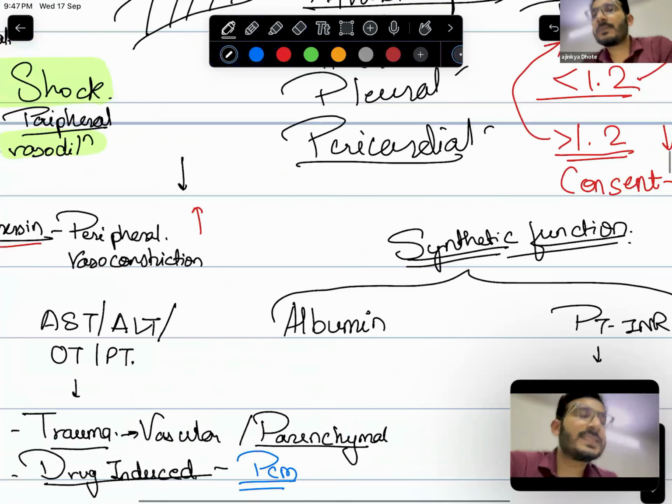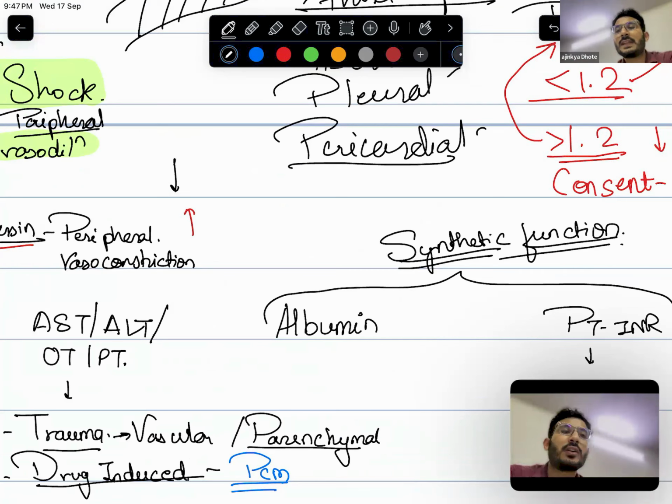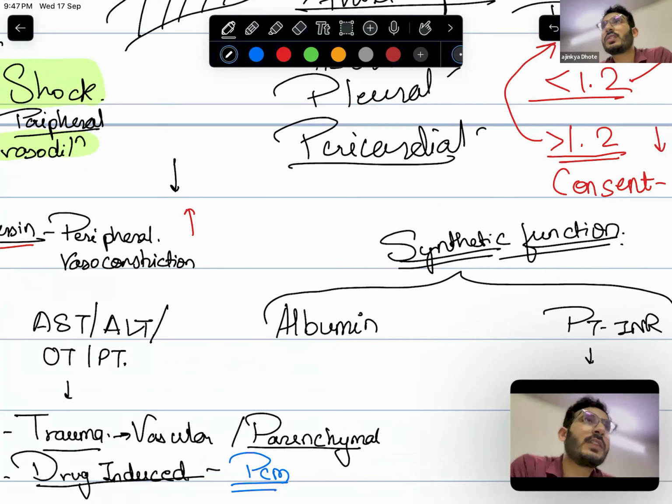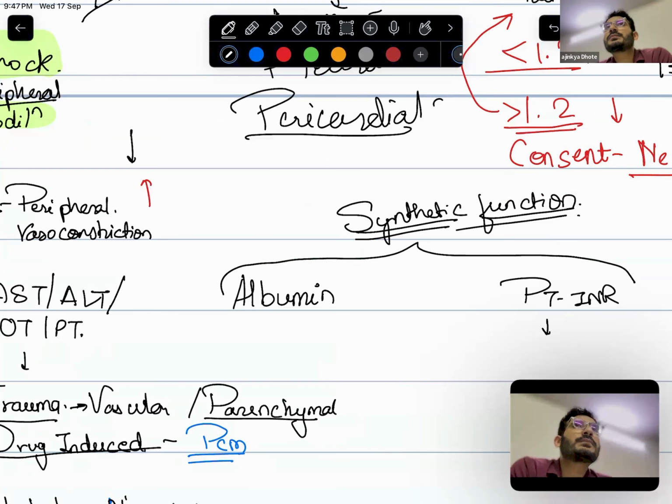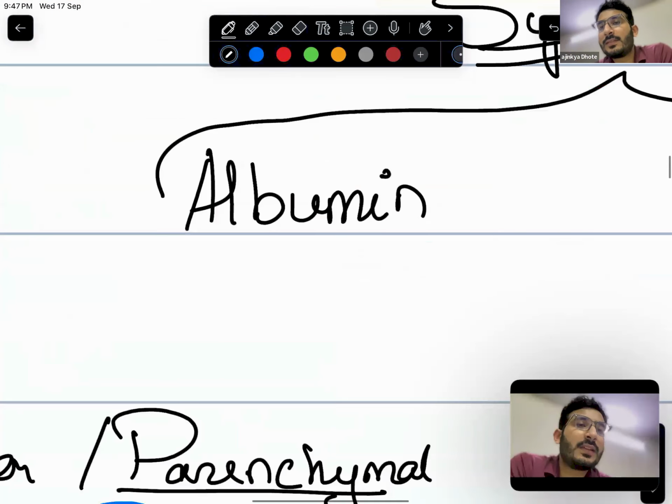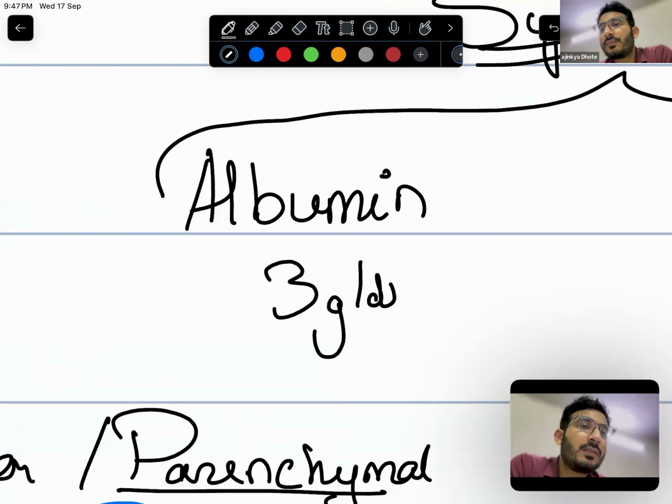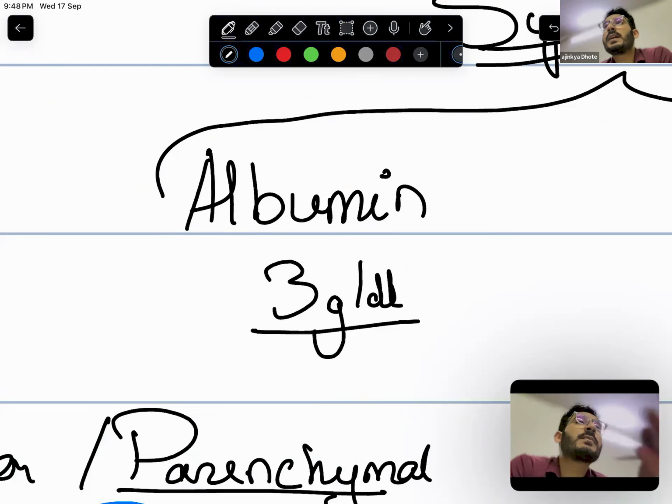The next investigation, again a part of LFT, is the synthetic function of the liver. This includes your albumin and your PT/INR. Now albumin: the normal level of albumin in the body is 3 gram per dL. Anything below this is a marker of poor synthetic function plus a marker of poor nutrition.